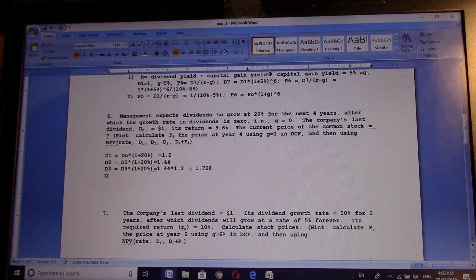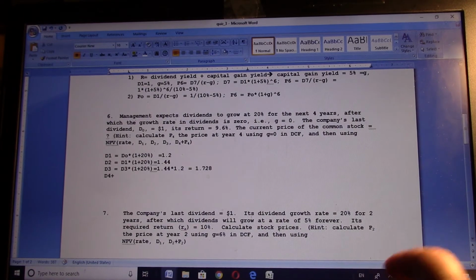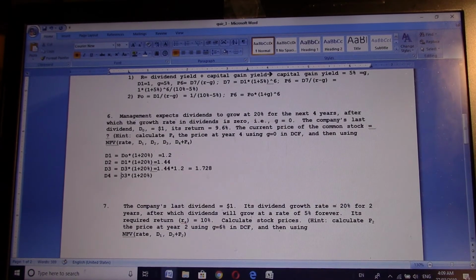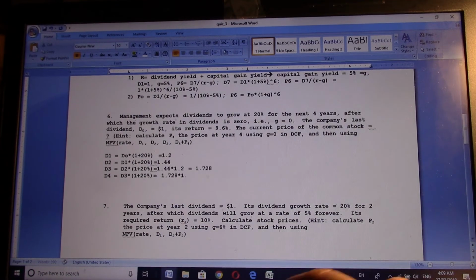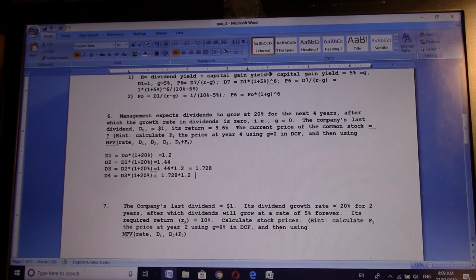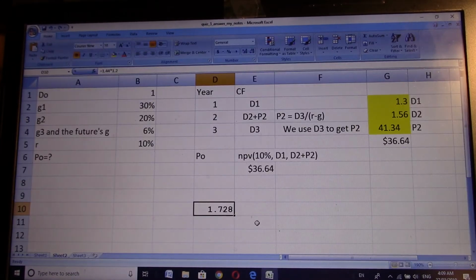Now we want to know D4. D4 is D3 increased by 20%, so it equals 1.728 times 1.2, which equals 2.0736.